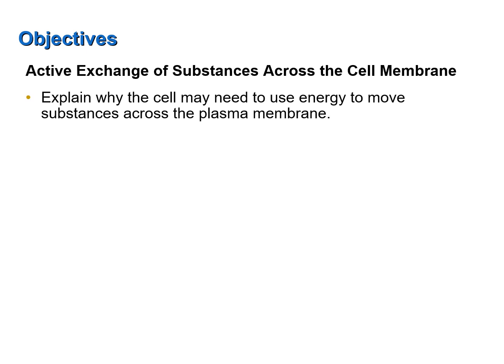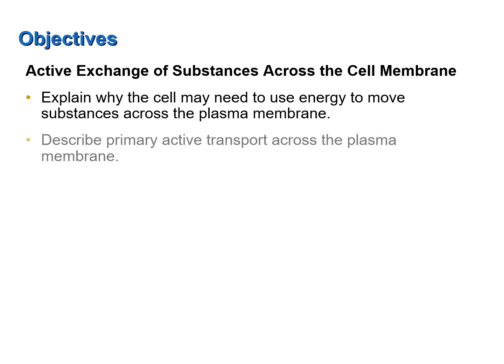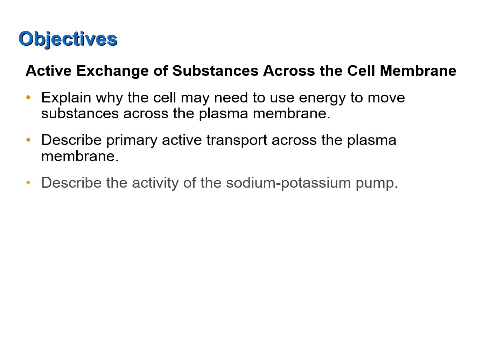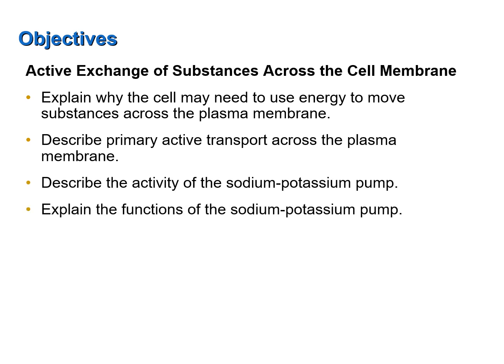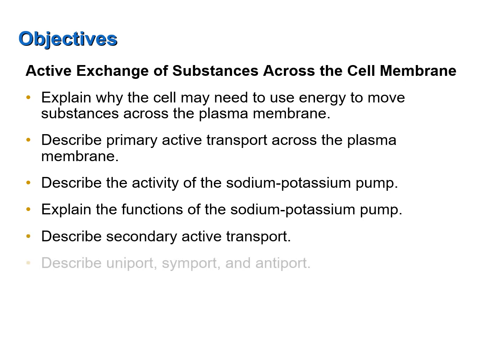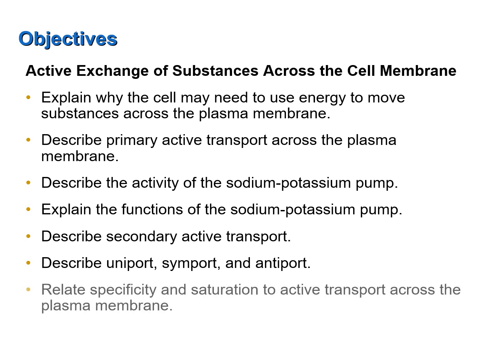Let's now review the learning objectives of the screencast: explain why the cell may need to use energy to move substances across the plasma membrane, describe primary active transport across the plasma membrane, describe the activity of the sodium-potassium pump, explain the functions of the sodium-potassium pump, describe secondary active transport, describe uniport, symport, and antiport, relate specificity and saturation to active transport across the plasma membrane.